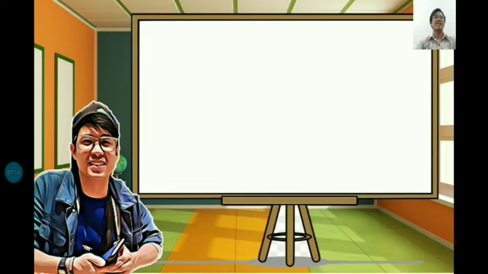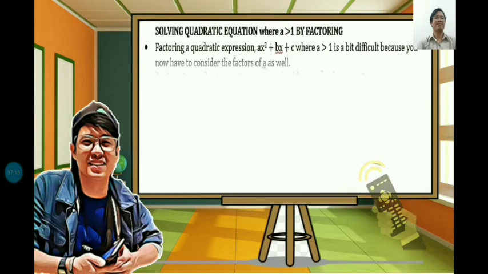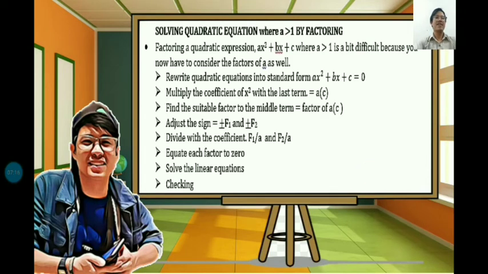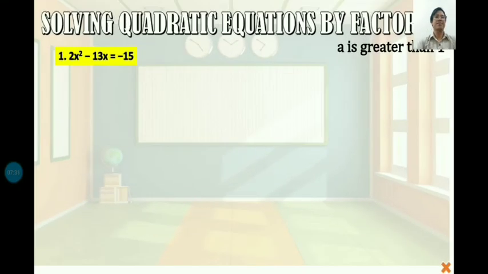Okay, so let us have these steps first. These are the following steps in order for us to find roots in solving quadratic equations where a is greater than 1. I will discuss them one by one in our example. Say for example, 2x squared minus 13x equals negative 15.